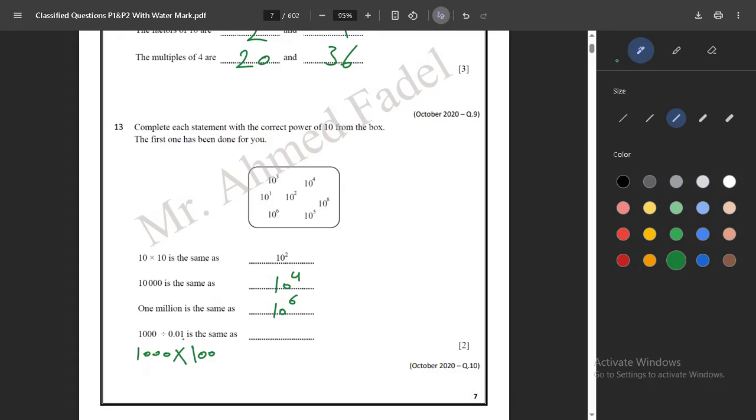So if you're dividing by hundredth, then it's the same as multiplying by 100. And if you were multiplying by hundredth, then it's the same as dividing by 100. Just switch the sign, and the hundredth, make it 100. So which is actually how many zeros? It's going to be 100,000, 5 zeros, which is 10 to the power of 5.